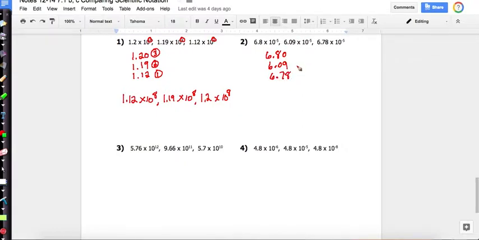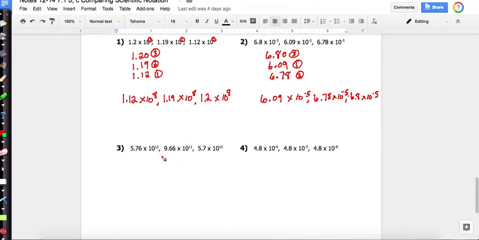So now you can clearly see 6.900 is the smallest, followed by 6.7800, and 6.8000. So don't forget, rewrite it in the correct order. So 6.900 times 10 to the negative 5th. 6.7800 times 10 to the negative 5th. And last, 6.8 times 10 to the negative 5th.